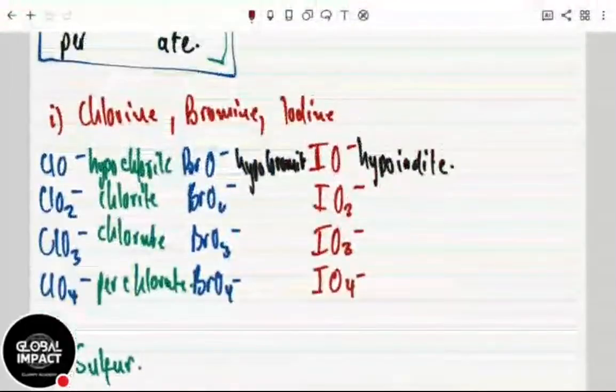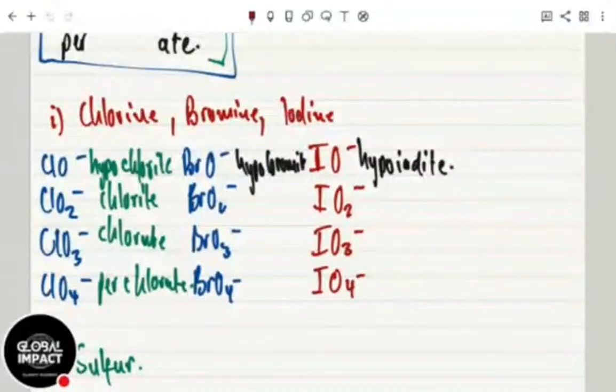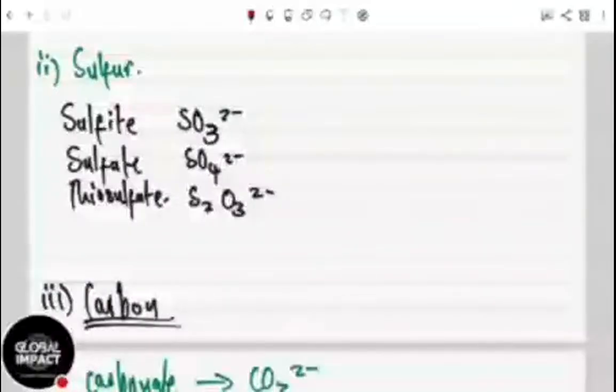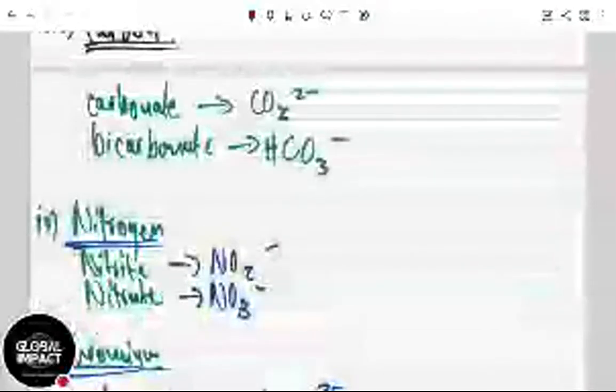Let's go through it. We have the chlorine, and chlorine was ClO, ClO2, ClO3, ClO4, and it was just minus, minus, minus. Sulfur was 2 minus, 2 minus, but it was SO3, SO4, then S2O3. Then for carbonate, it was CO3 and HCO3, but unlike sulfur, it is 2 minus for carbonate and a minus for bi.